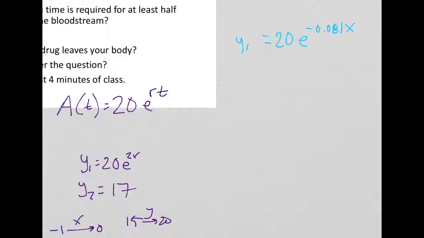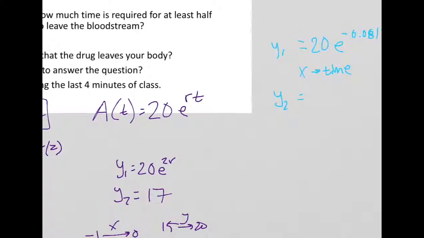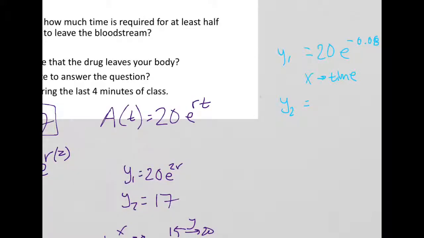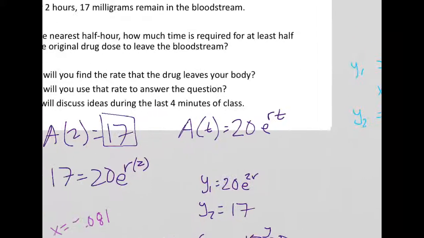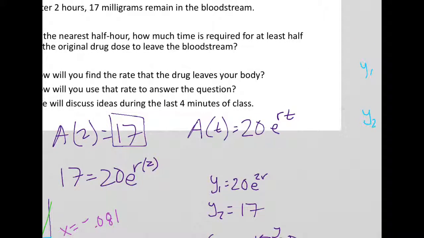And now here x is representing the time. And so we want to graph this, and we want to graph another line though, y2, because we want to know how long it takes for us to get a y value of 10 to represent that half of it has left the bloodstream.